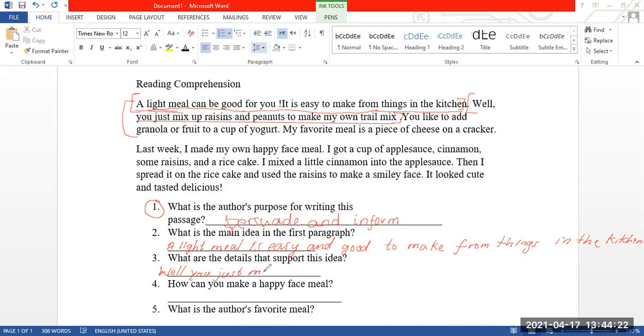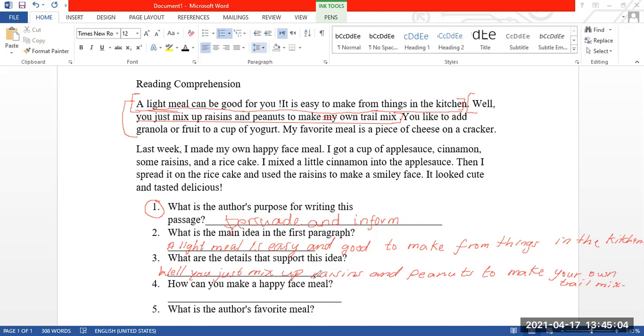Mix up raisins and peanuts to make your own trail mix. We don't have enough space.